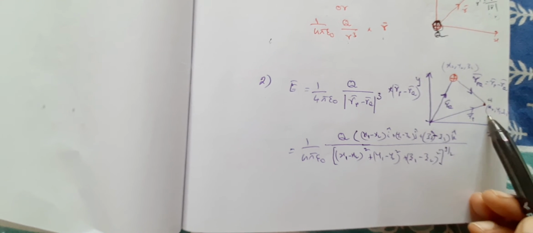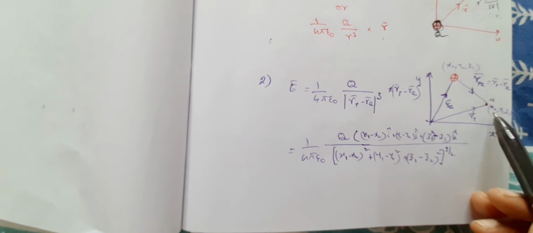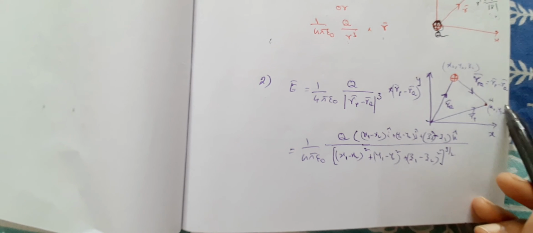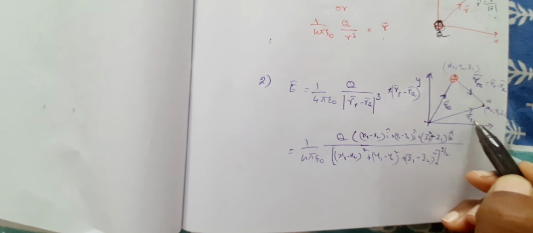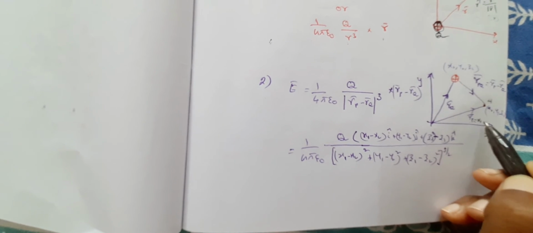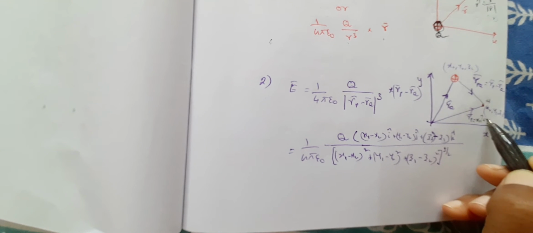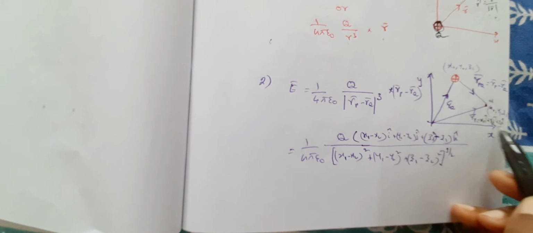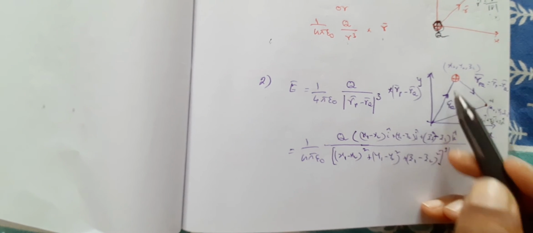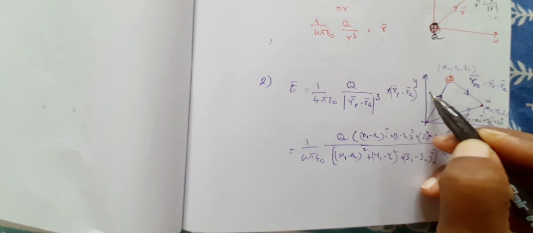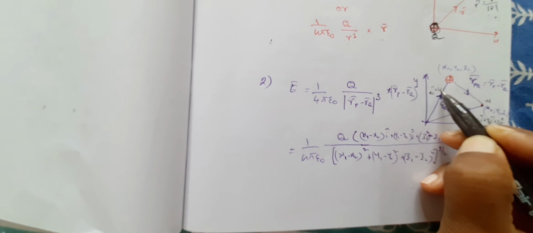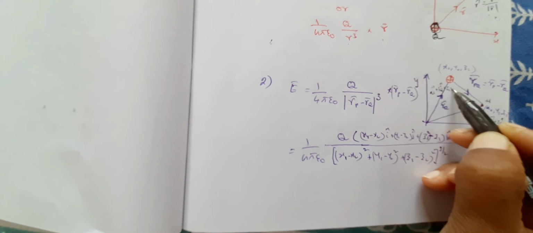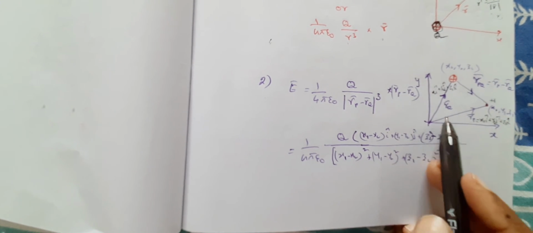What is the position vector here? From vectors you have learned that x1 i cap plus y1 j cap plus z1 k cap is the position vector of this one. Now this one is x2 i cap plus y2 j cap plus z2 k cap, the position vector rq bar.